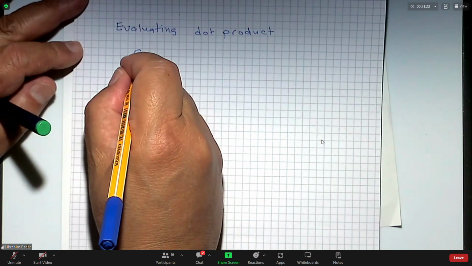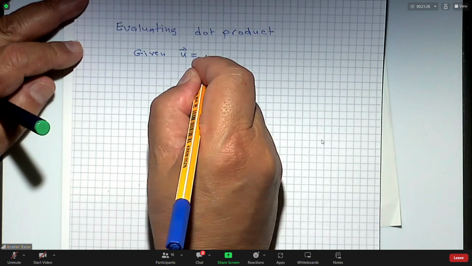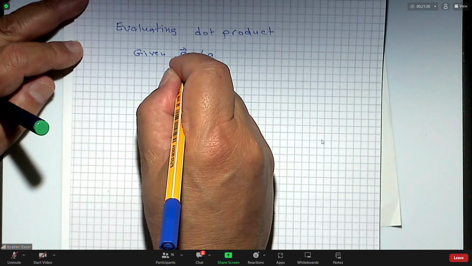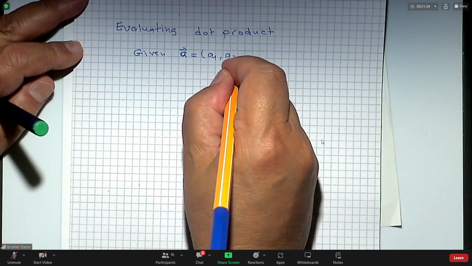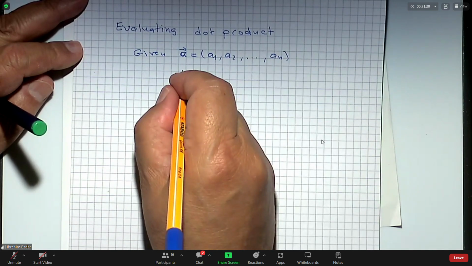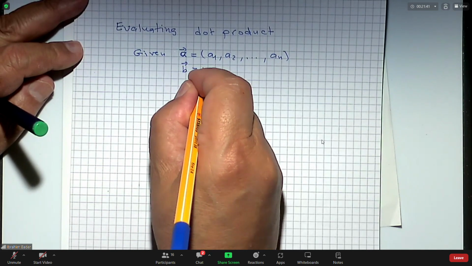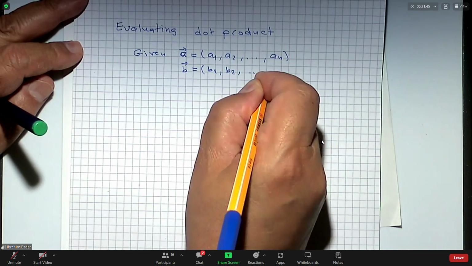Again, just to remind you, given two vectors, A has the coordinates A1, A2, up to An, and B has the coordinates B1, B2, up to Bn.